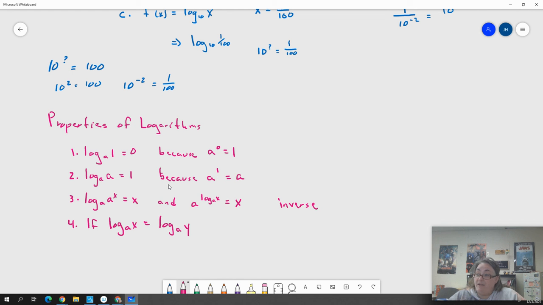So if log base A of x equals log base A of y, then clearly x has to equal y, right? Because if they're equal and this is the same and this is the same, then these two things have to be equal to each other as well. Does that make some sense? This is our one-to-one property.